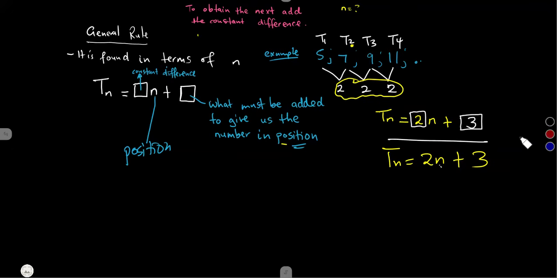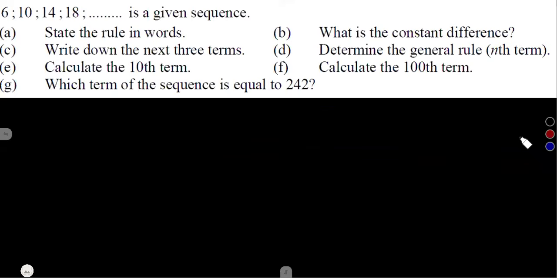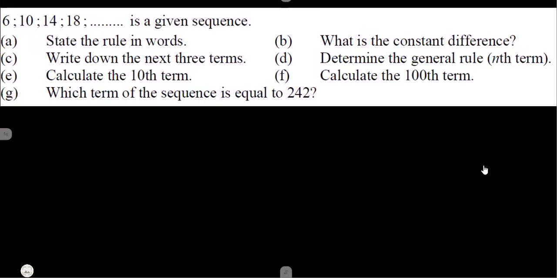So let us quickly check some examples before we close up, so that we're going to have another class for another type of numeric pattern. So take note, the type of sequence that we are dealing with for this class is of the constant difference. In this example, we are given 6, 10, 14, 18, and so on.